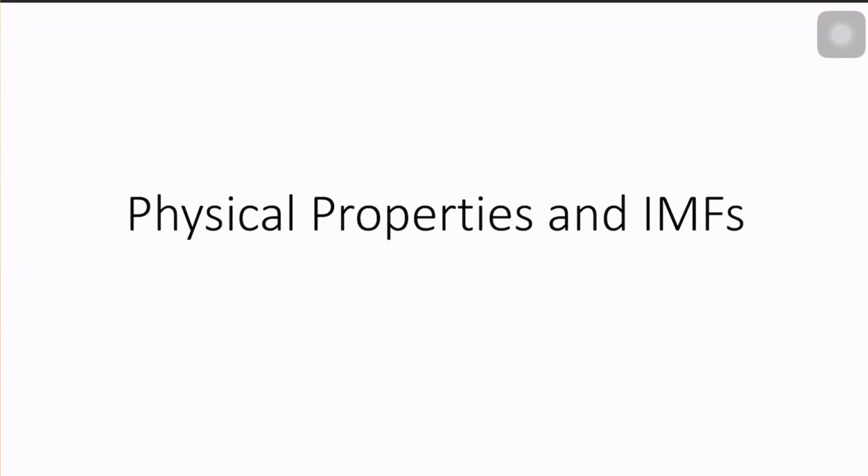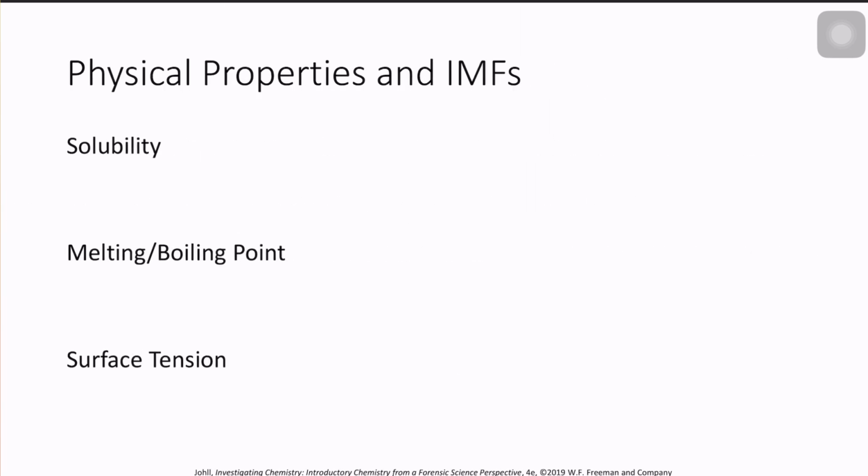We are going to take a deeper dive in looking at how IMFs affect the physical properties. So, we're first going to look at solubility, melting point or boiling point, and the surface tension. So, with solubility, like we said before, like dissolves like.